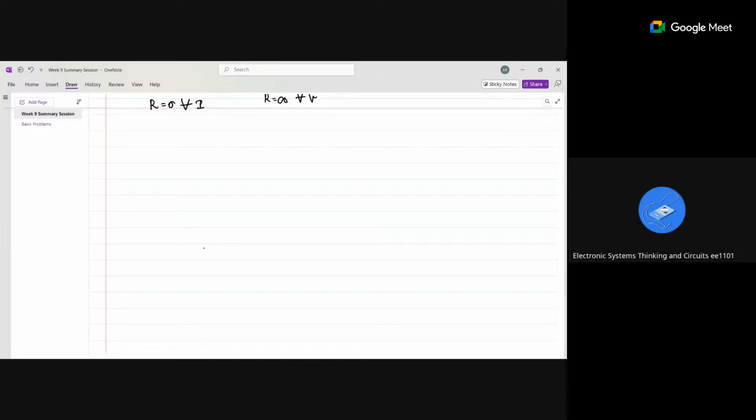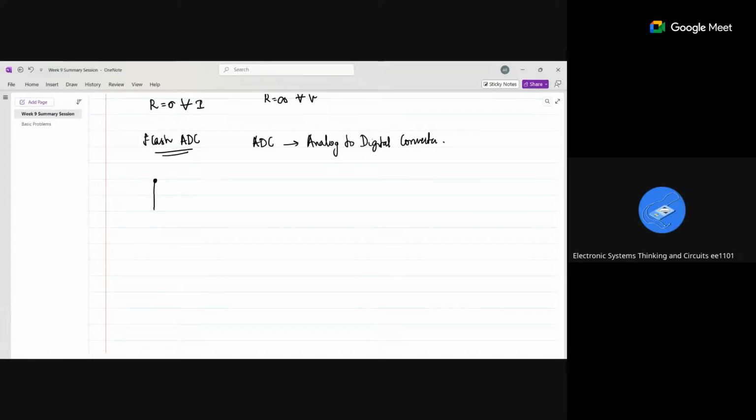Then what else did we see in this week? We will see about the flash ADC. What is ADC? It's analog to digital converter, right? Yes, ma'am.